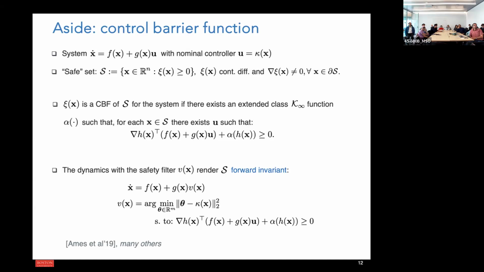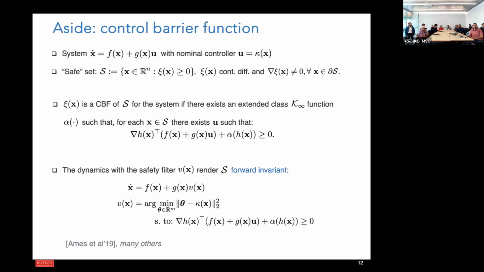So again, the objective of this modified controller or safety filter is to ensure that we stay inside the set S. And this is something that we are going to use in our framework in conjunction with nonlinear optimization to tackle constrained optimization problems.